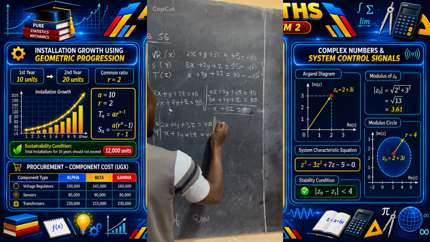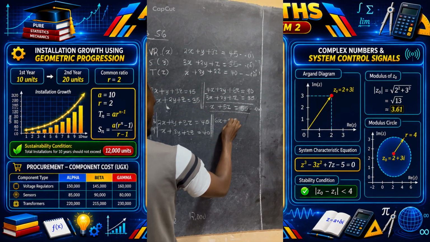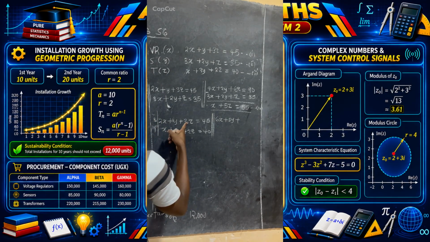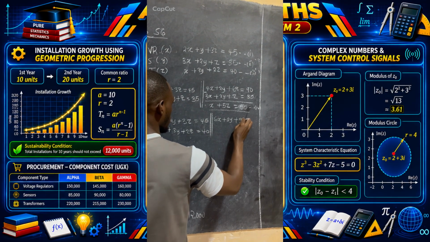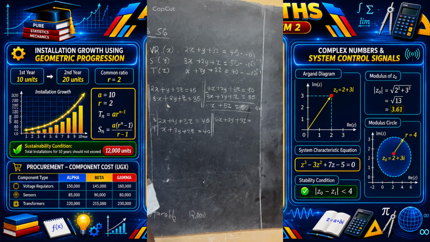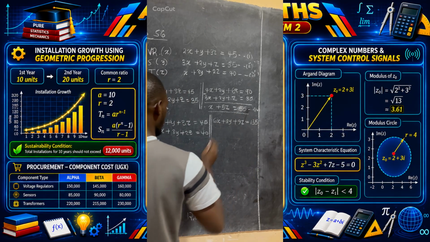I have 3x plus 3y plus 3 times 3z, 9z, is equal to 45 times 3, which is 135.